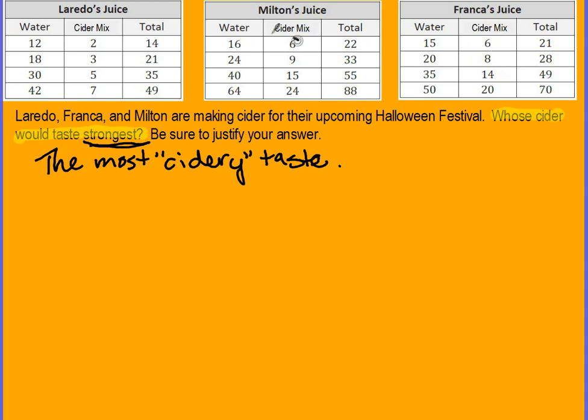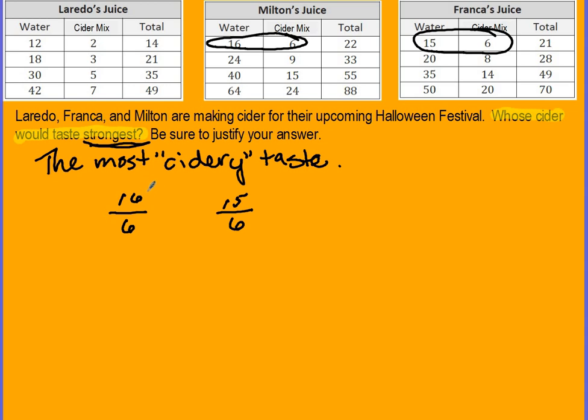So for example, we have Milton and Franca, and Milton has 16 parts water to 6 parts cider, whereas Franca has 15 parts water to 6 parts of cider. So when they have the same amount of cider, Milton has more water.